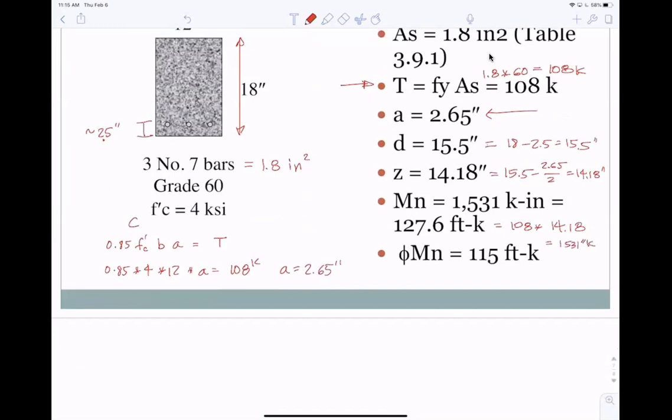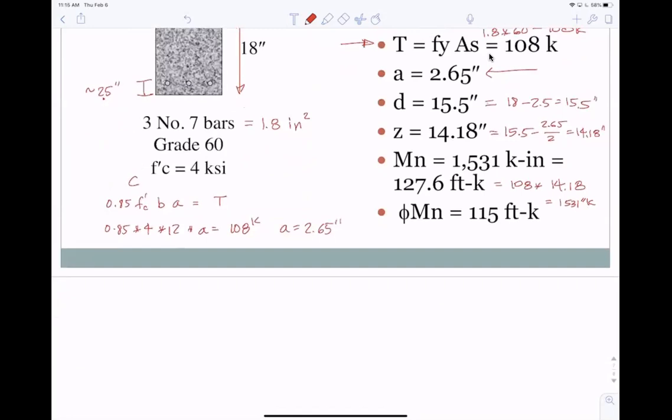The reliable strength is 90% of that. Phi for flexure is 0.9. So 0.9 times 1531. And usually we want it in kip-feet, so I'm going to divide that by 12. This is kip-inch divided by 12 inches per foot.